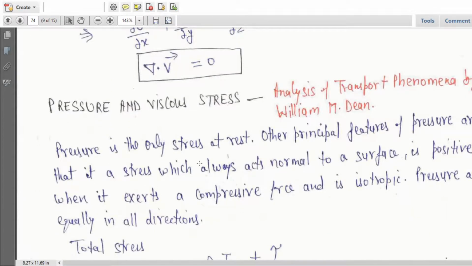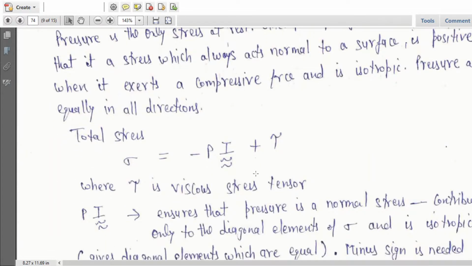This is very well explained in this book, Analysis of Transport Phenomena by William M. Deen. There they say that sigma is given by thermodynamic pressure plus viscous stresses. Both of them can be added, which will give you the total stress. So total stress would be the pressure stress plus viscous stresses here.